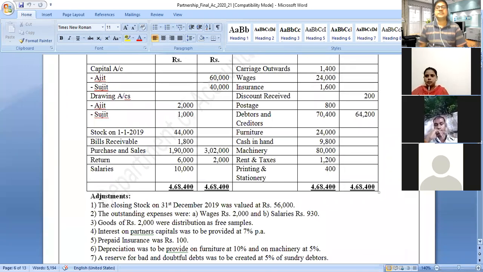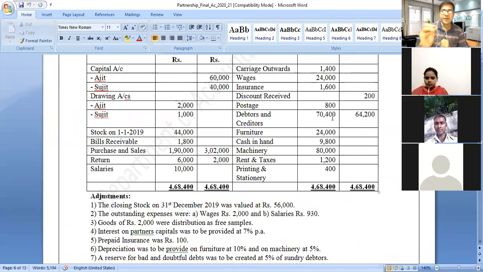Now friends, seventh number adjustment. A reserve for bad and doubtful debts was to be created at 5% of sundry debtors. First of all, you have to find out the RDD. It is a new RDD, and it is 5% on sundry debtors. The value of the debtors is 70,400.